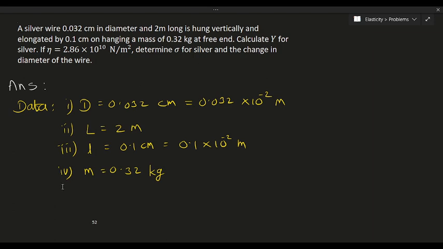It's already in SI unit. We take all the units in SI system. Modulus of rigidity eta is also given. 2.86 into 10 raised to 10 Newton per meter square.